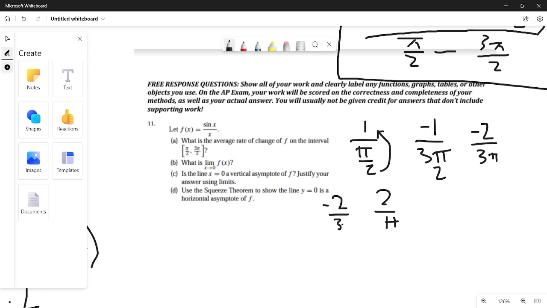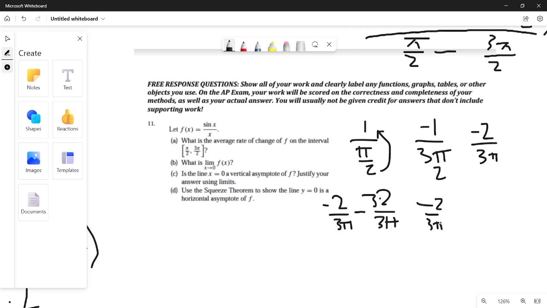So you subtract the initial from the final, and it's going to give you negative. But you can't do this yet because you have to multiply this by 3 on the numerator and the denominator. So negative 2 over 3 pi minus 6 over 3 pi is negative 8 over 3 pi.